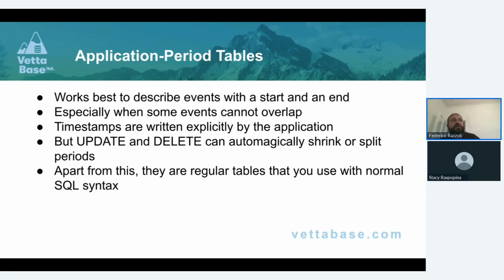For example, you might have a table with reservations for a hotel. This is actually the example we will use. A reservation is a period of time. One can make modifications to this period of time, making it shorter or making it longer, and these kinds of things are made easy.